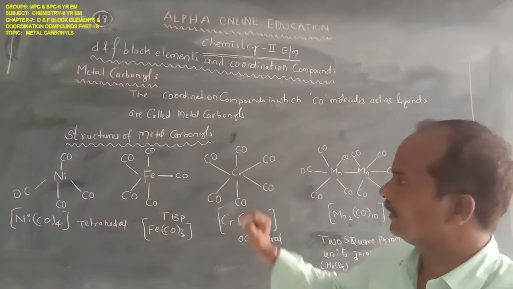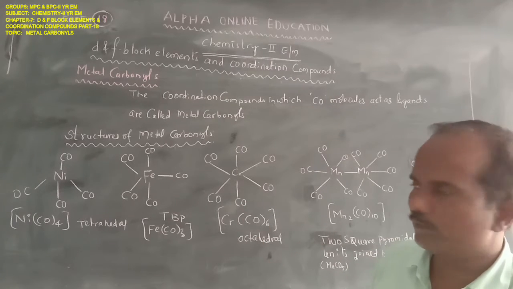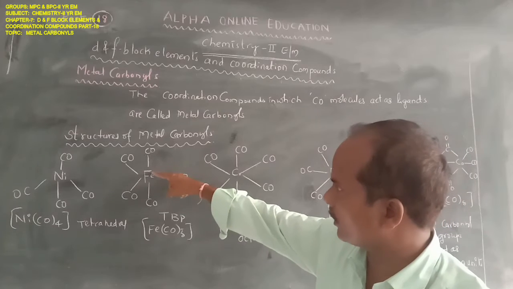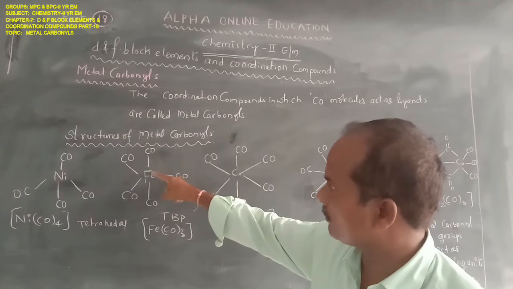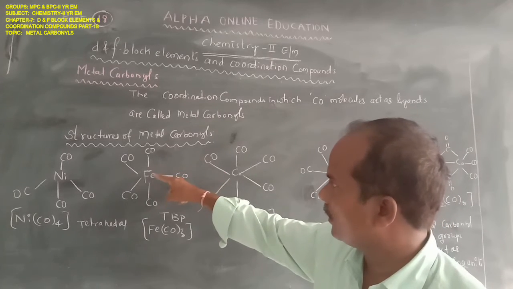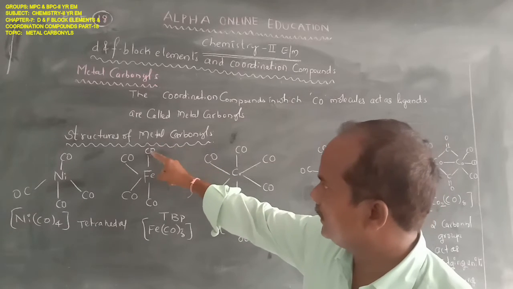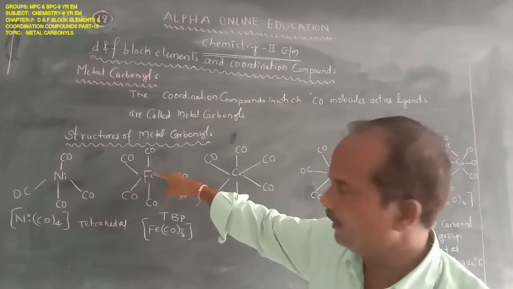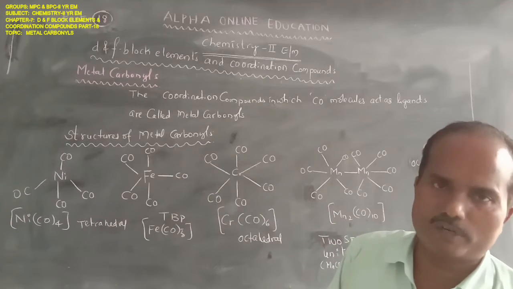As a result, a sigma bond is formed. The vacant orbital of the metal overlaps with the ligand orbital, and a sigma bond is formed.